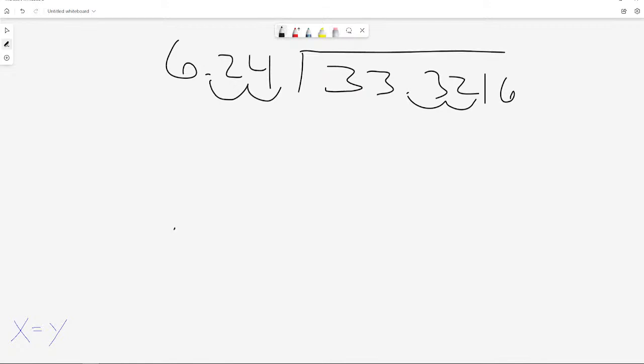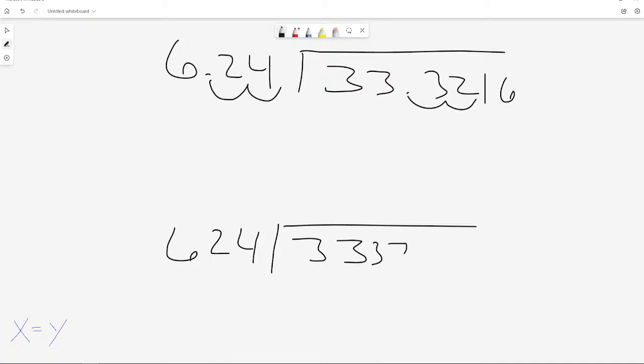It now becomes 624 divided by 3,332.16. And then you do the problem like you normally would.